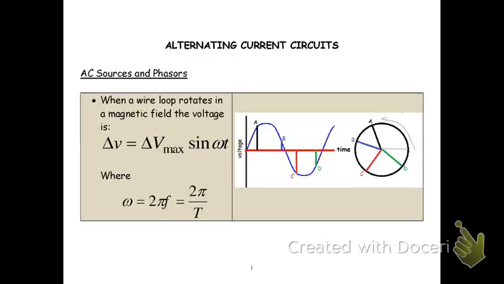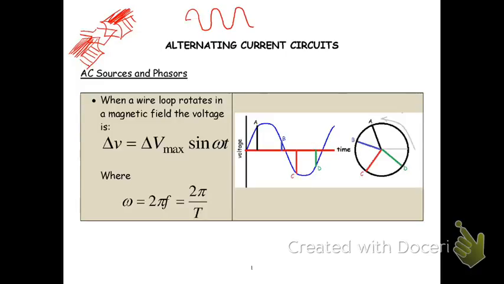So last time we spoke about how, if I have a loop that's rotating in a magnetic field, so here's my magnetic field between these bar magnets, and I have this coil going round and round, what I will get is some kind of sine curve.